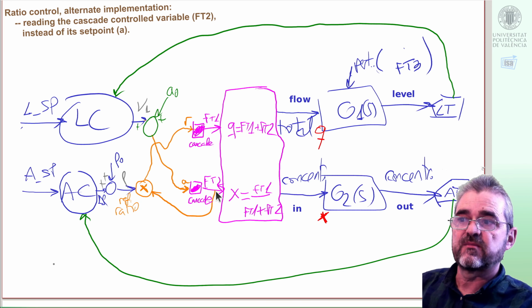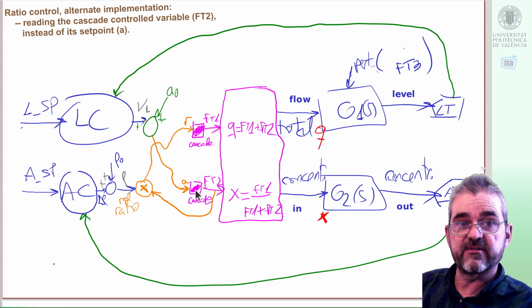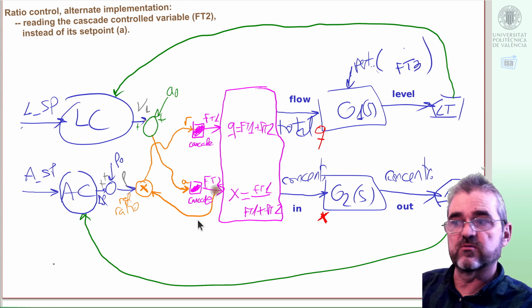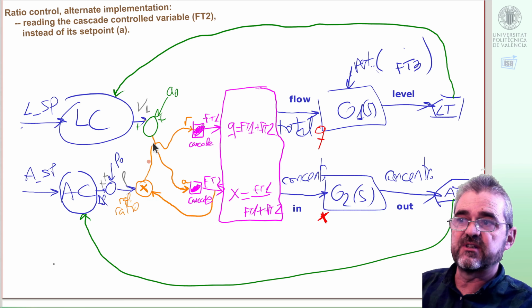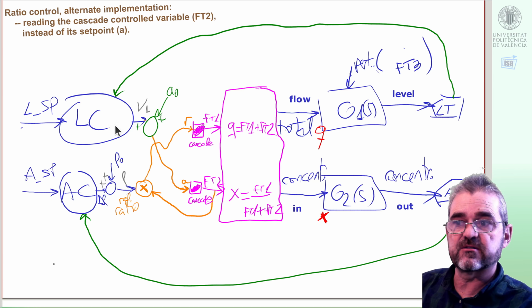In this way, if for whatever reason this valve saturates, it is the actual water inflow that will be multiplied by the ratio to yield the desired reagent inflow amount. So we are protected, let's say, with respect to saturation in the level loop, when we have large level errors.